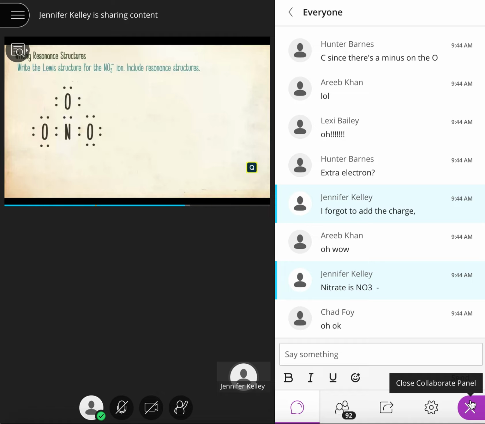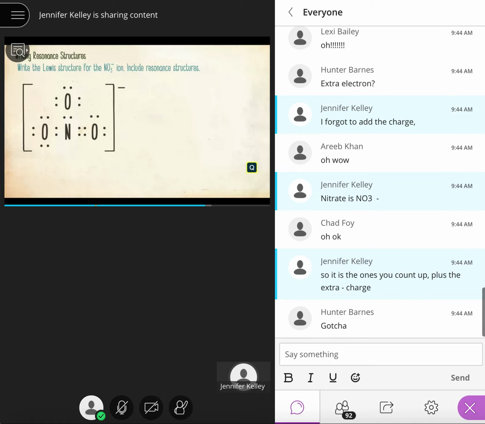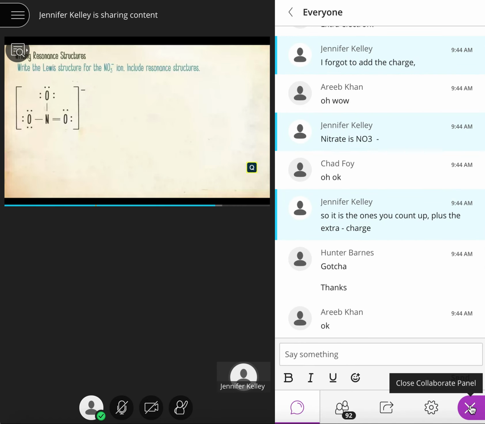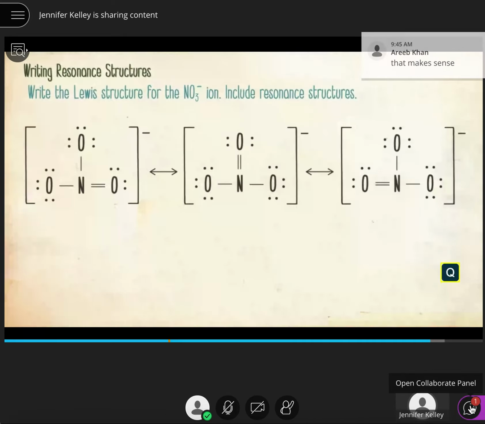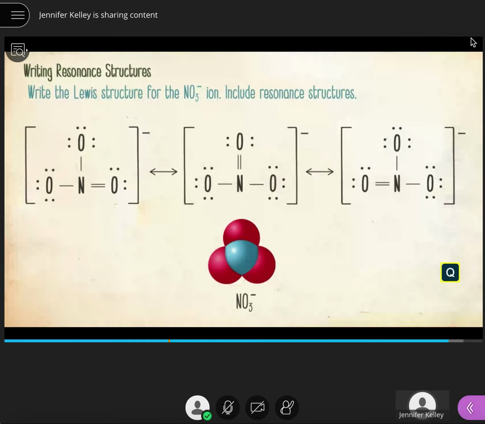Complete the octet on nitrogen by forming a double bond. You can do this by moving a lone pair from one of the oxygen atoms into the bonding region with nitrogen. Enclose the structure in brackets and include the charge. Notice that you could have formed the double bond equally well with any of the 3 oxygen atoms. So write all 3 structures as resonance structures and include double-headed arrows between each structure. All 3 resonance structures together specify the structure of the molecule. The actual space-filling molecular model of the nitrate ion is shown here for comparison. Note that all 3 bonds are equal in length.